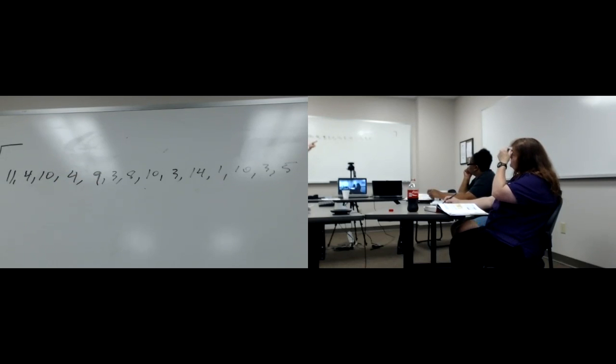how would I solve for the population mean? It's the average, you add them together and divide by however many numbers there are. Let's do that.